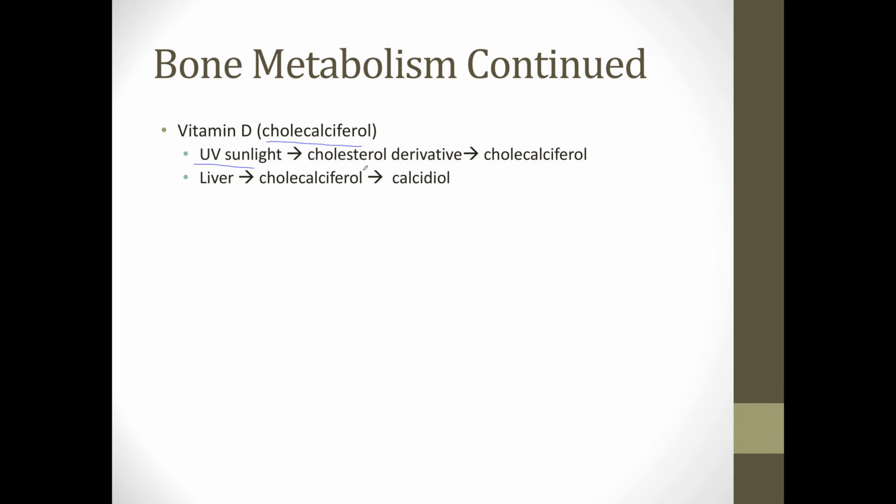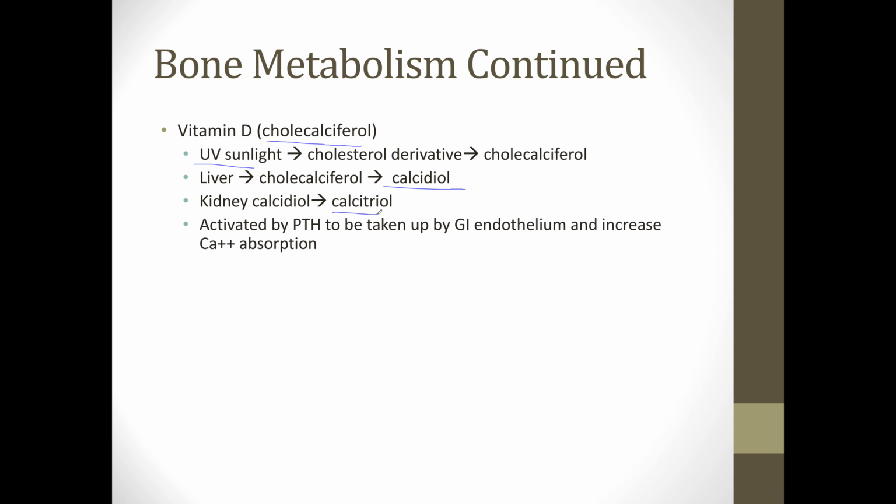And when it is activated, it then goes to the liver to become calcidiol, and then it goes to the kidney where it's modified into calcitriol. And then it becomes this active vitamin D. Active vitamin D is cholecalciferol. That's our active form. And whenever vitamin D is around, it increases calcium absorption.